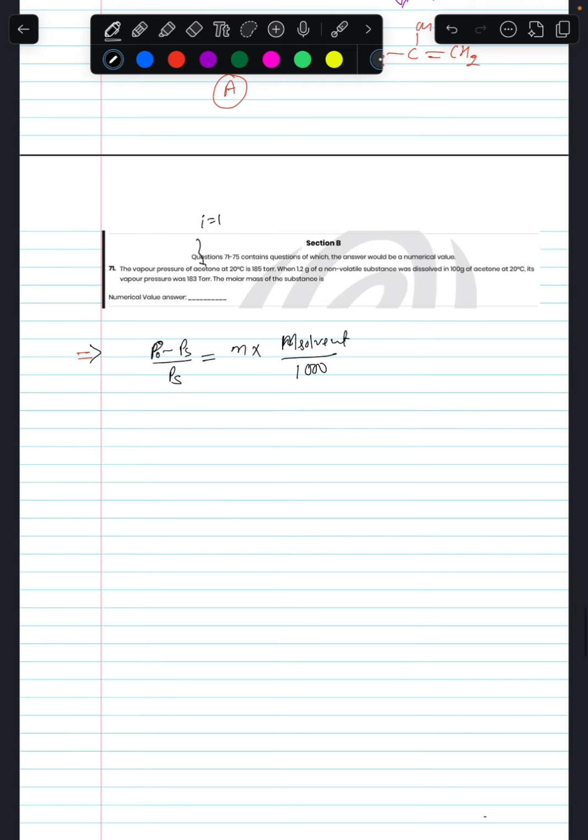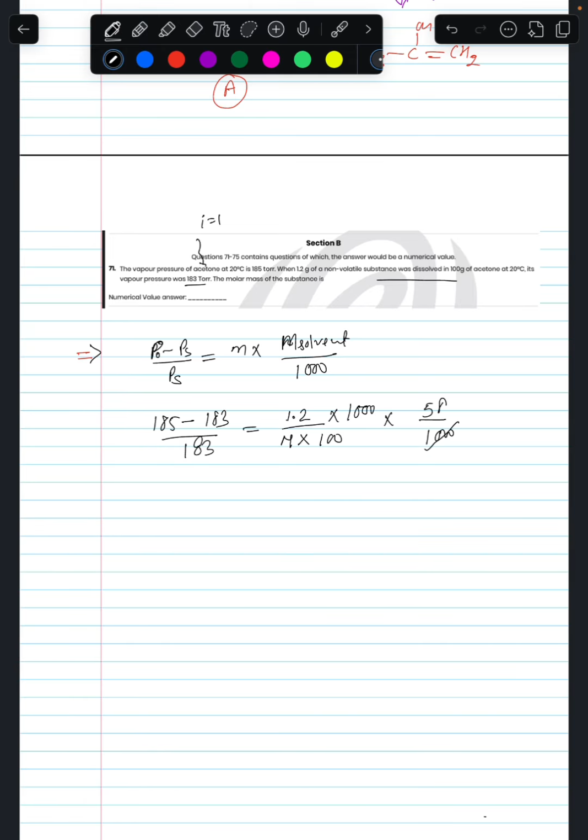The i value is 1, so I am not considering it. Pure vapor pressure is 185, and after adding the non-volatile solute, it is 183. So 2 divided by 183 is equal to molality. Molality is moles of solute, given mass upon molecular mass, divided by weight of solvent in kg. The weight of solvent is 100 gram, so multiply by 1000 into mass of solvent. The molar mass of acetone is 58.